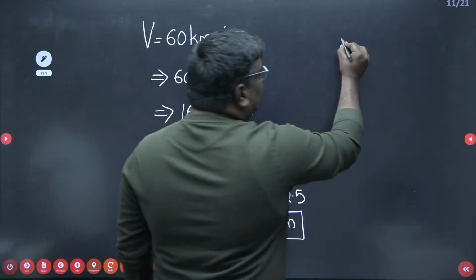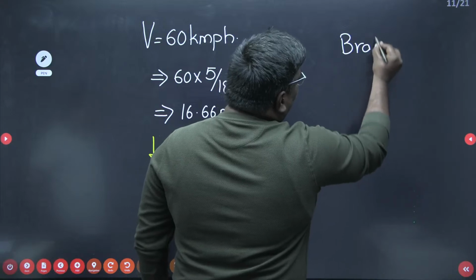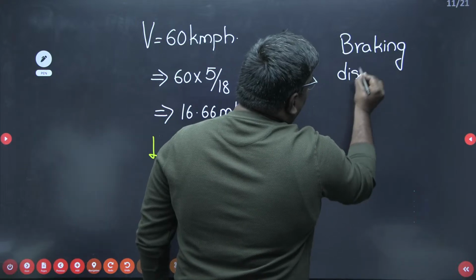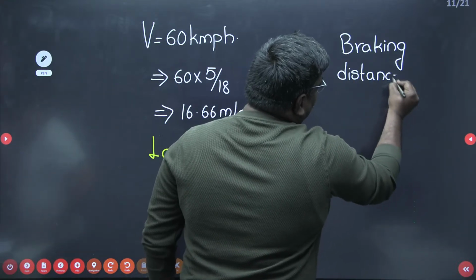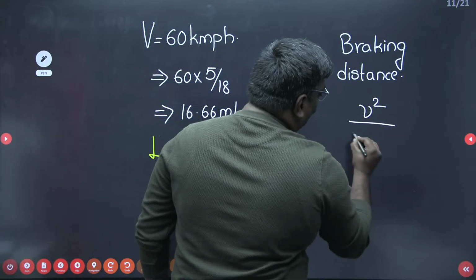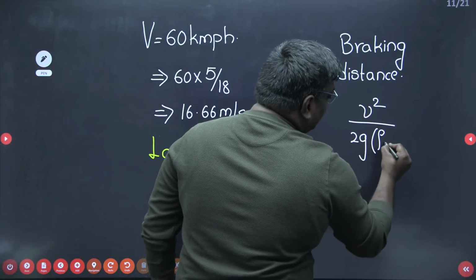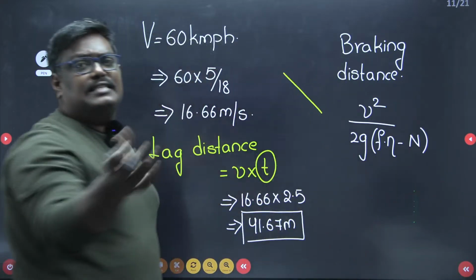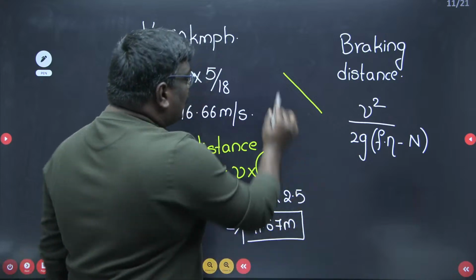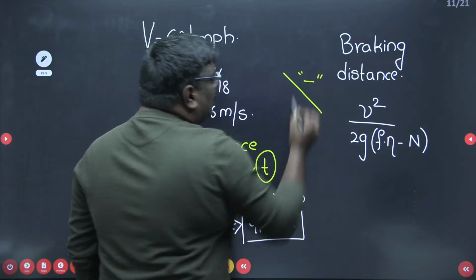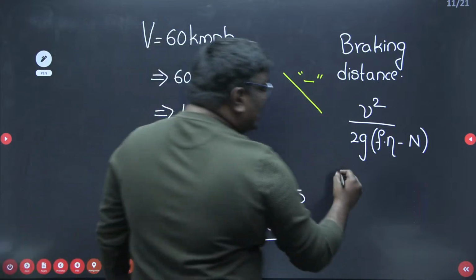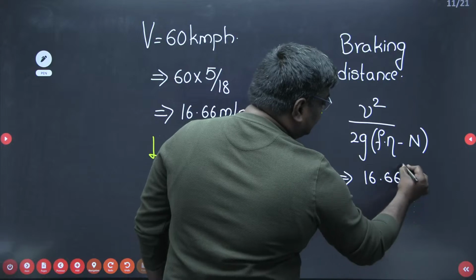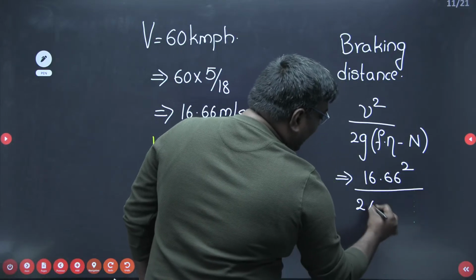But if you see the braking distance, now, my dear students, I am explaining to you about the braking distance. How do you calculate braking distance here? It is nothing but the formula V square upon 2g (f into efficiency minus gradient). Sir, it is a downward gradient, or you can say a descending gradient. When it is a downward gradient or a descending gradient, we take the negative sign. Here V square is given in the problem. We have already calculated it: 16.66 square upon 2 into 9.81.